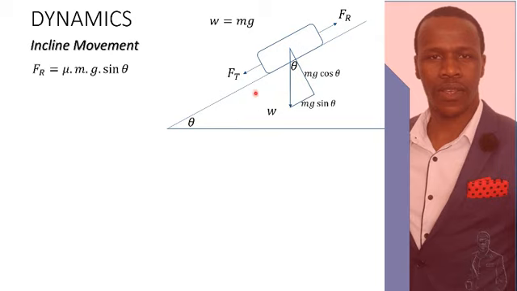Let's talk about fr, that force. Basically this force equals mu times the weight times sin theta. So mu times the parallel component of the weight along this plane. That's what is equal to F mu, or force due to friction.